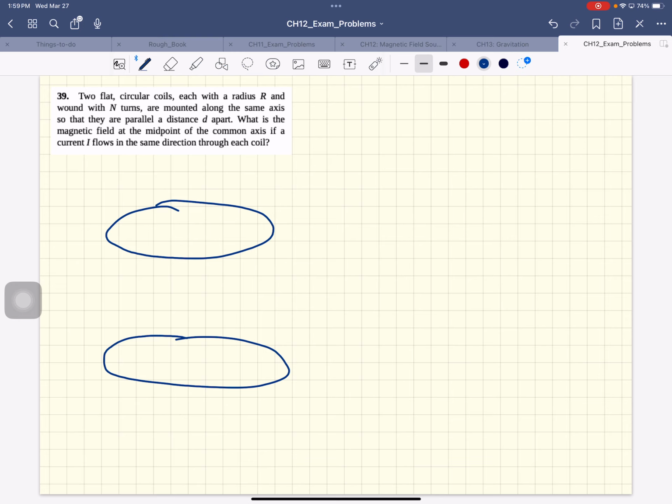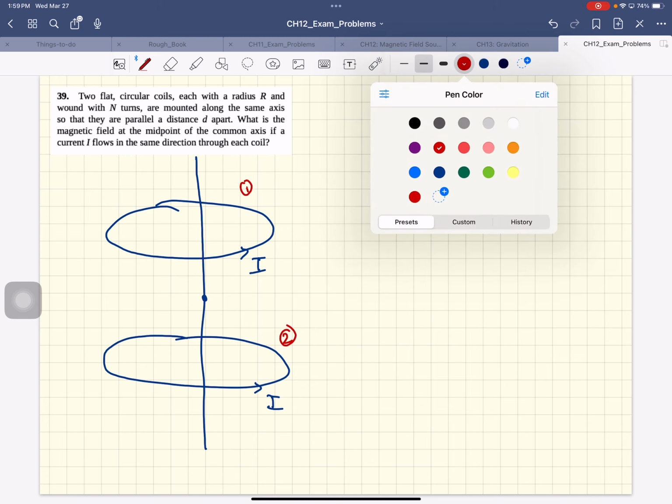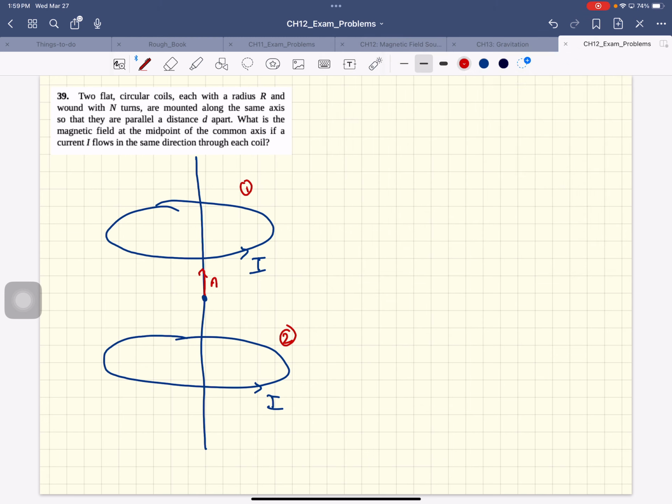They're asking for the field at this point. This is loop 1, this is loop 2. The field due to loop 1 will be B1, and the field due to loop 2 will also be in the same direction. They'll add up. And this distance is D, so this distance is D by 2.